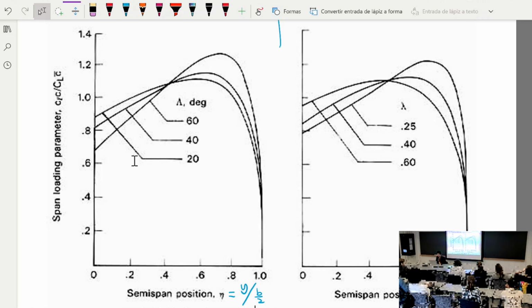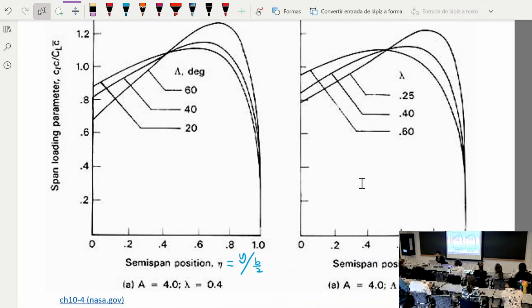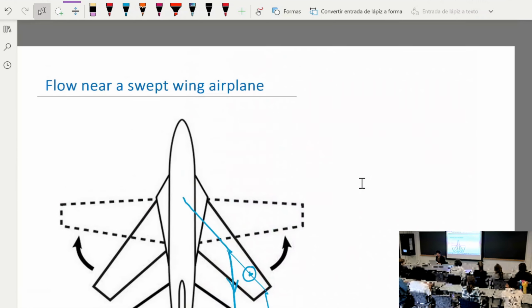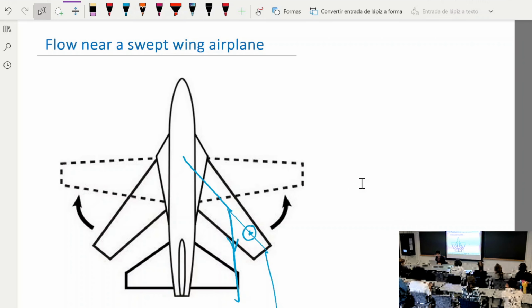If I have a large sweep angle like 60 degrees, the effect is even more dramatic, where I have a much higher lift coefficient, in this case almost twice as large in the outboard portion compared to the wing root. Okay. So this is basically the effect of sweep and taper.